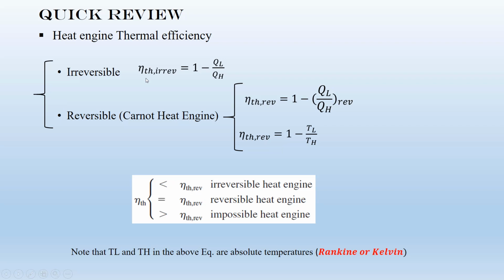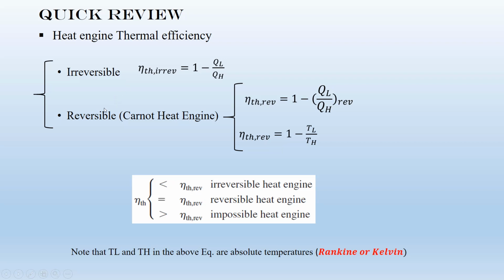For a heat engine, the desired output is W net or W out, and the required input is QH. So you can either use this equation or the general definition for thermal efficiency to find the thermal efficiency of a reversible process.